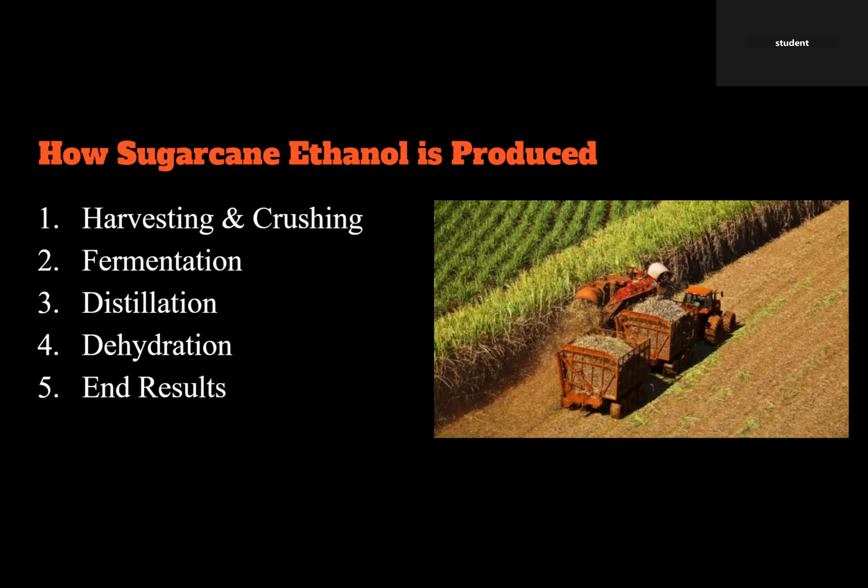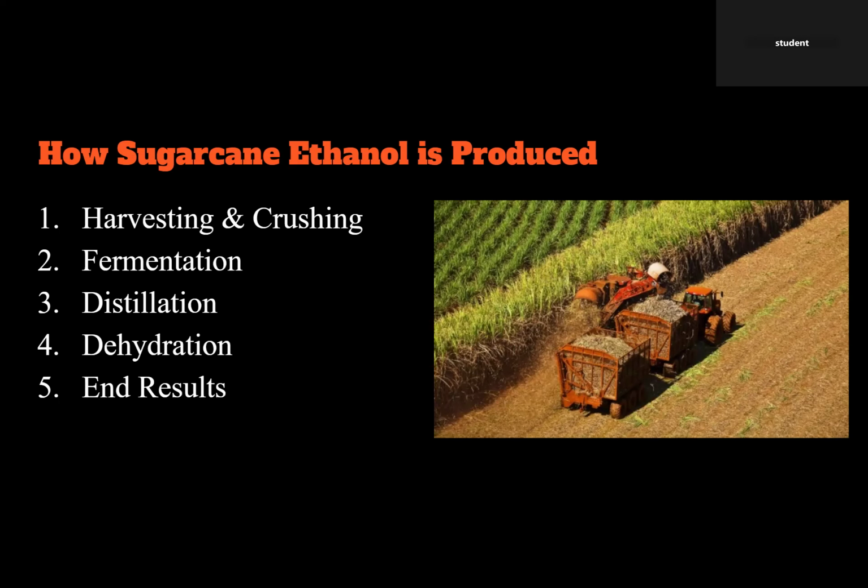Fermentation is the breakdown of glycolysis. So we break down glucose into pyruvate, and then pyruvate is converted into acetaldehyde, and when it's converted, we can convert that acetaldehyde into ethanol, which is what we want. This is called sugarcane ethanol.